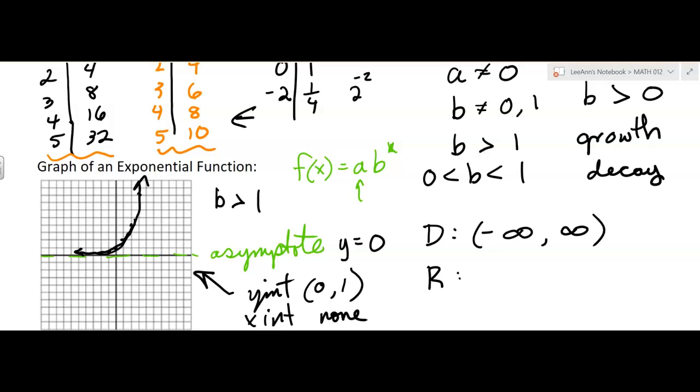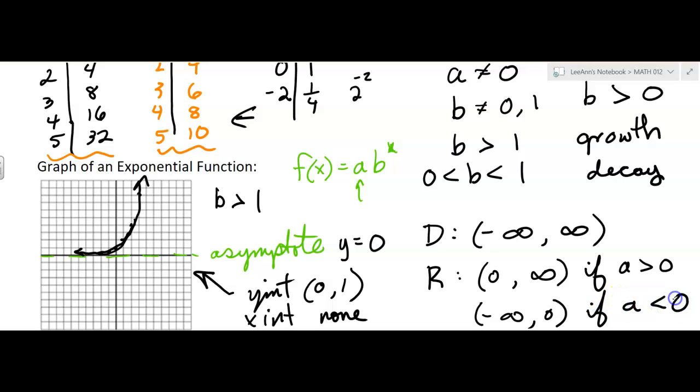In our example, our range is from 0 to infinity if a is greater than 0. If it were reflected about the x-axis, then it would be from negative infinity to 0 if a were negative, if a were less than 0. Okay, so I think that's all the details I wanted to put in about the graph.